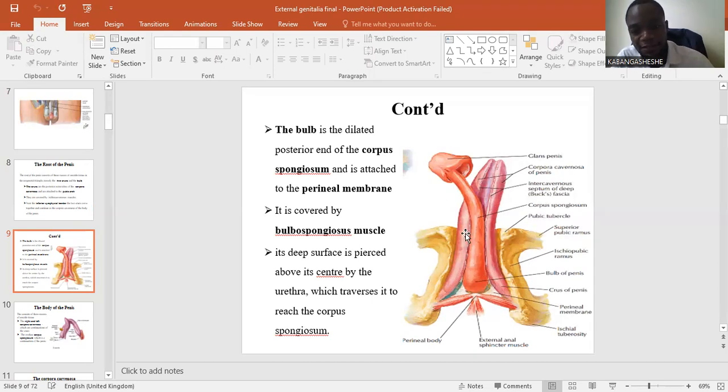In rare cases, if you work from the surgical department, you find patients who have what we call penile fracture. Penile fracture occurs when the corpus cavernosa comes out of the connective tissue that covers it, and then the tissue is damaged.